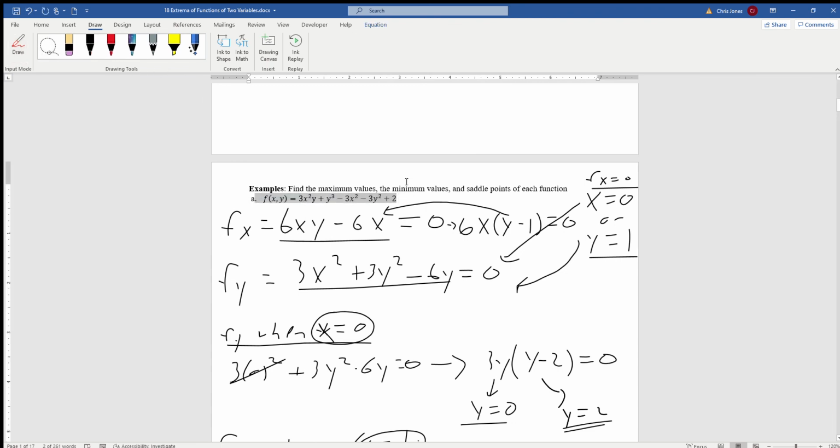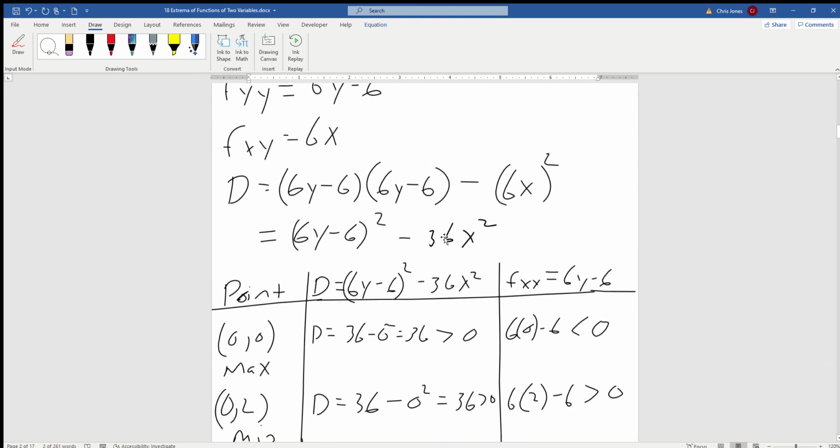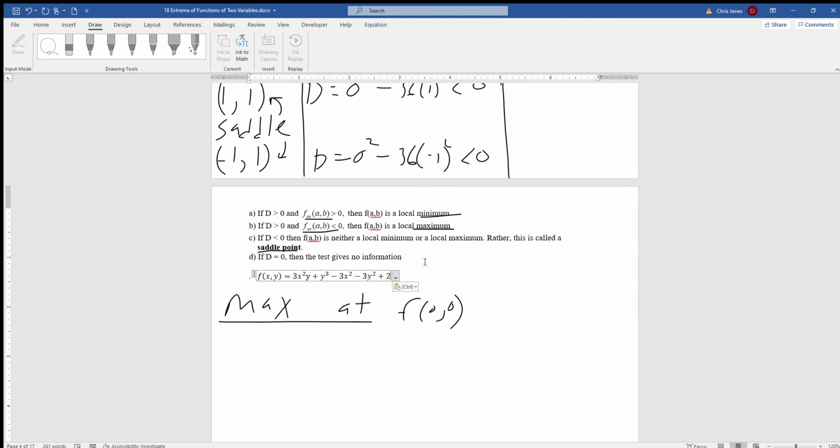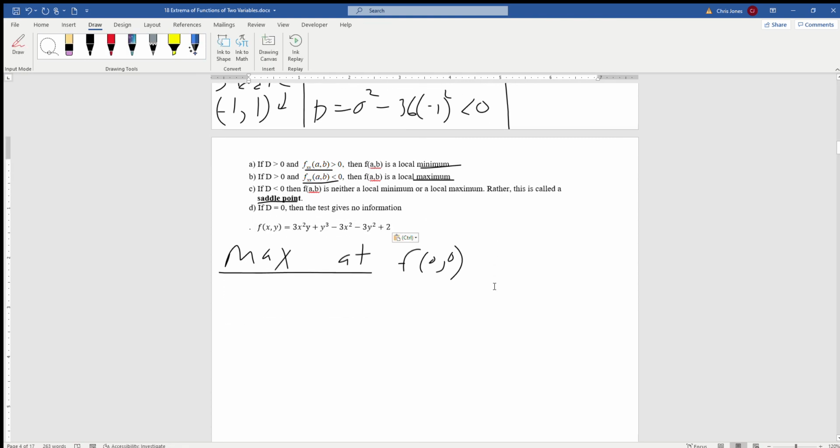I'm going to copy that so I don't have to. Clearly if we plug in 0, 0, that's just going to be 2, because all of this stuff is going to go to 0, and we just end up with 2 there. So we can say that there's a max at the ordered triple 0, 0, 2.